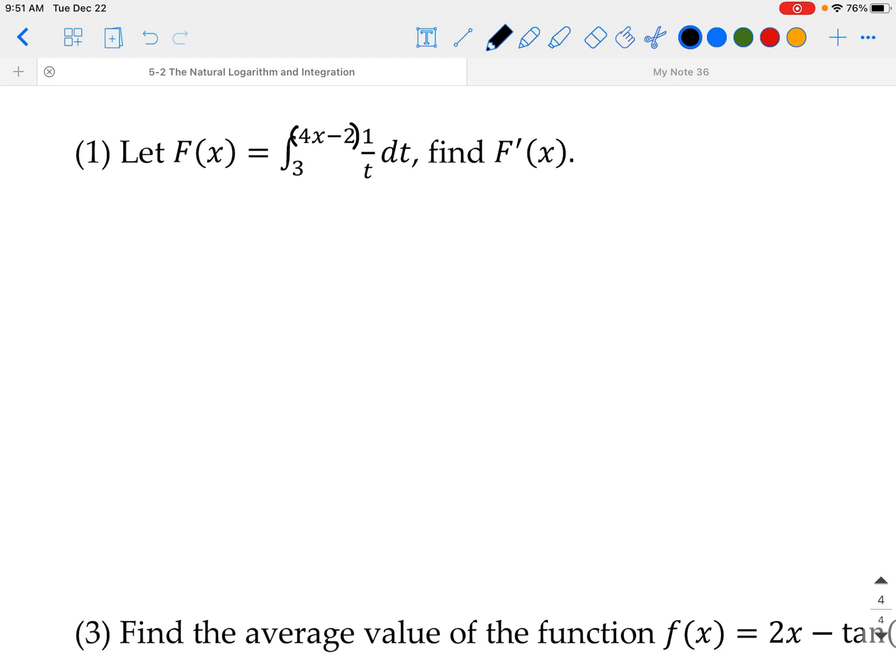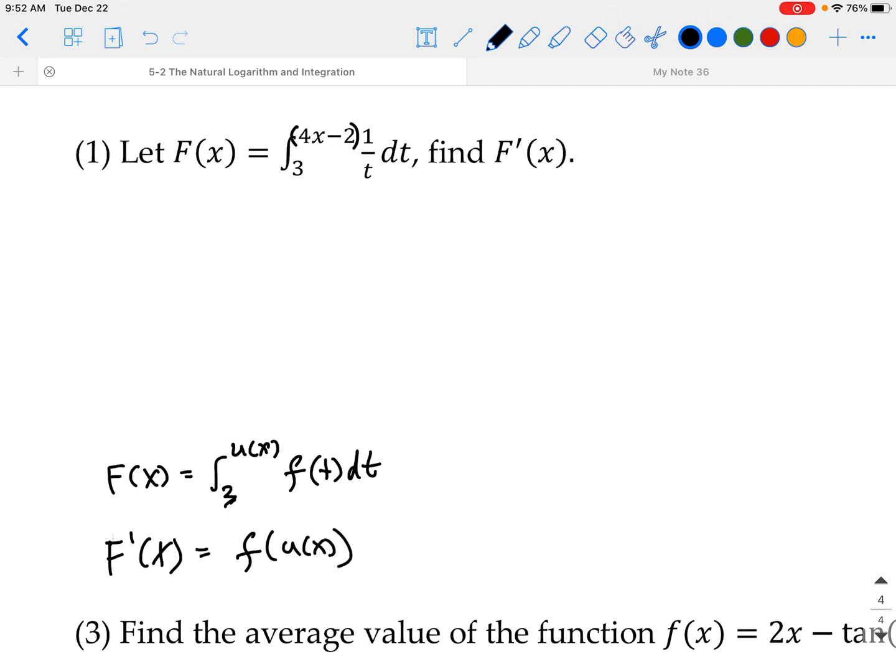Just to recall, if we have f of x equals the integral from a number, in this case 3, to some function u of x of f of t dt, where capital F is the antiderivative, then the derivative, f prime of x, is going to equal little f evaluated at u times u prime of x. And that's by the chain rule.